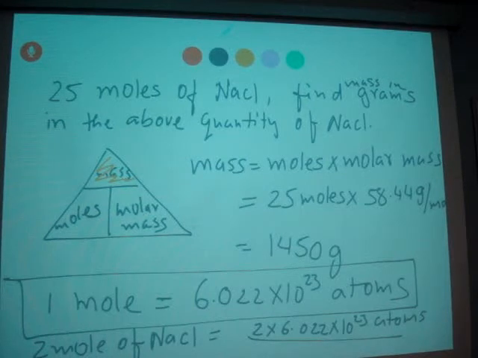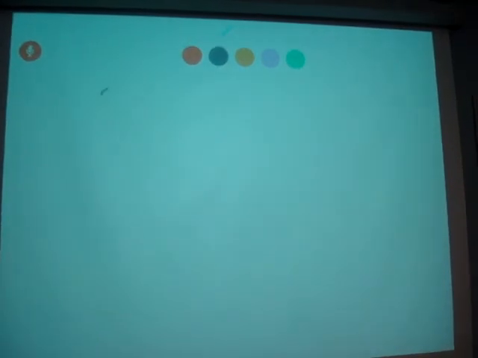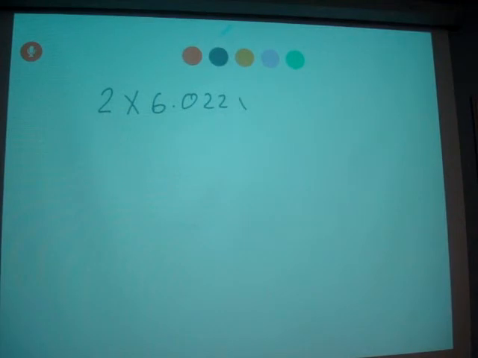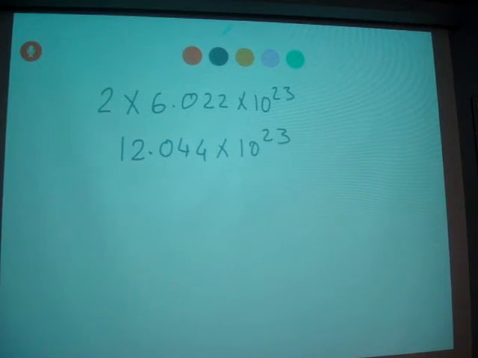you get, I'm going to go to the next slide. So when you calculate 2 times 6.022 times 10 raised to 23, then you get about 12.044 times 10 raised to 23.